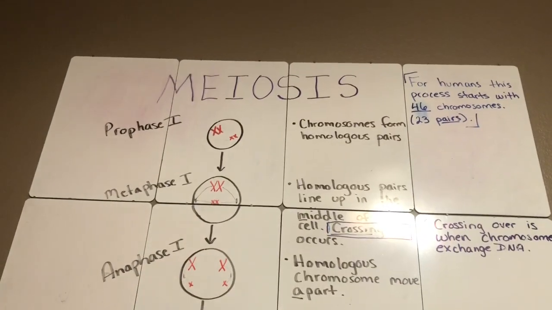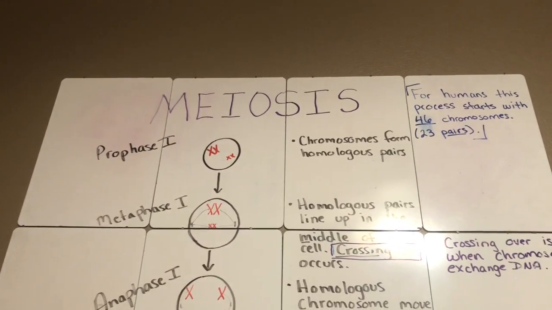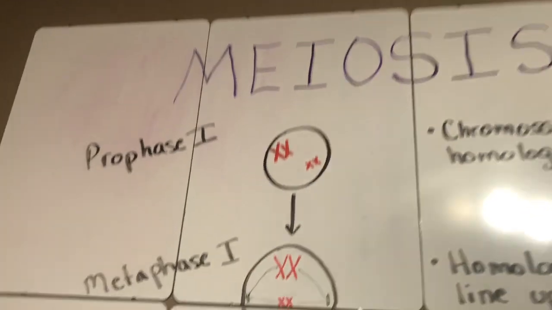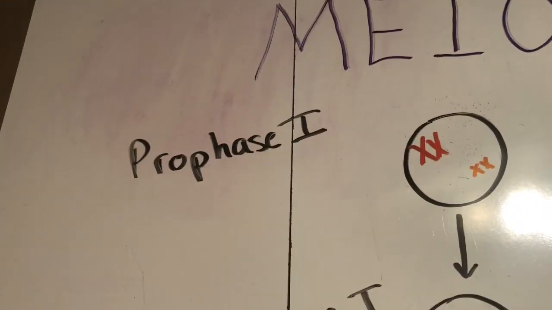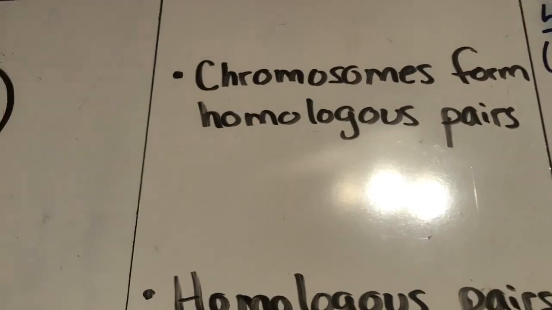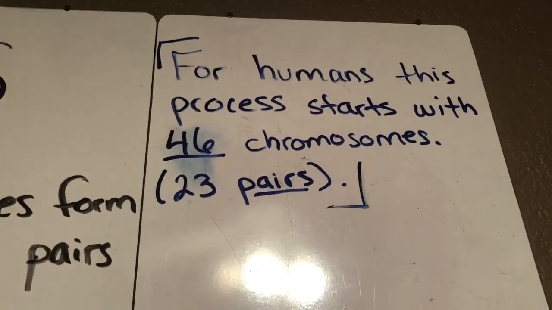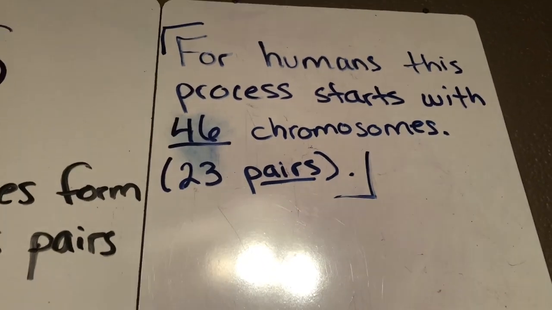I have my makeshift whiteboard right here, as you can see, so feel free to pause this video whenever you need to look at it more in depth. Hopefully you remember in meiosis, we start up here with prophase 1. In prophase 1, chromosomes form homologous pairs. Now, I only have 4 chromosomes total pictured here, but remember for humans, we have 46 chromosomes or 23 pairs.